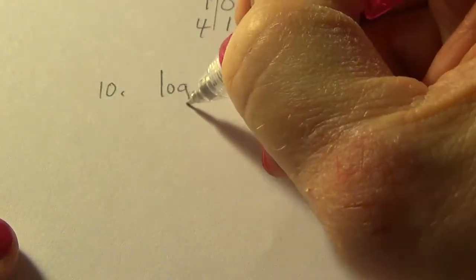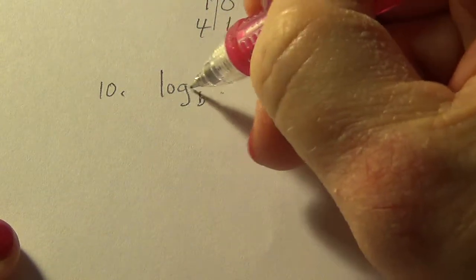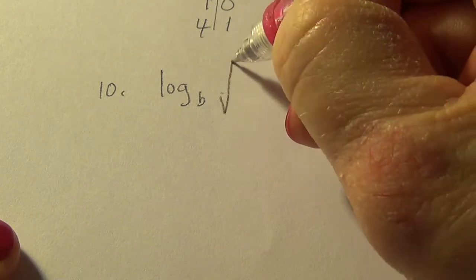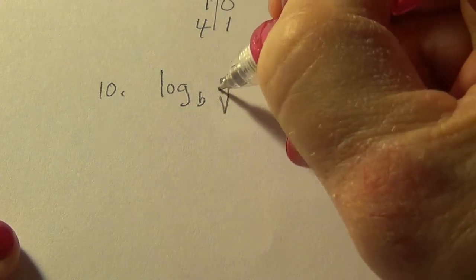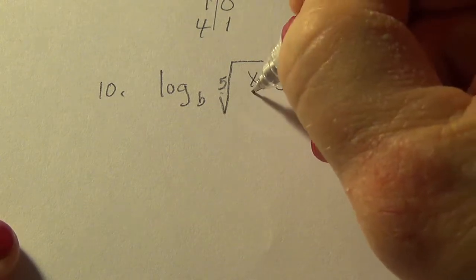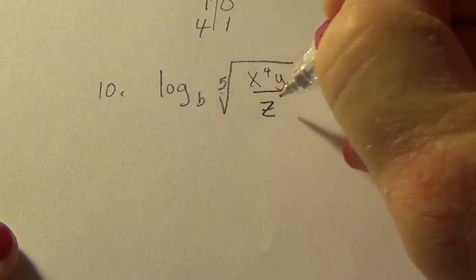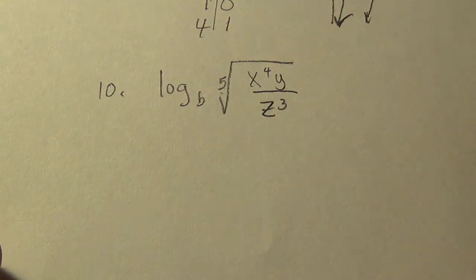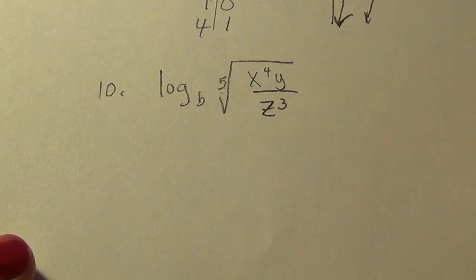Alright. Number 10 is one that we called expand. So we're going to start with one logarithm, that's to the base b, of the 5th root of x to the 4th y over z cubed. So rules of logarithms will help us do that.